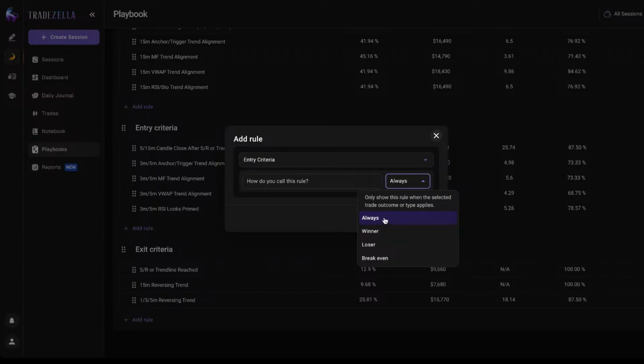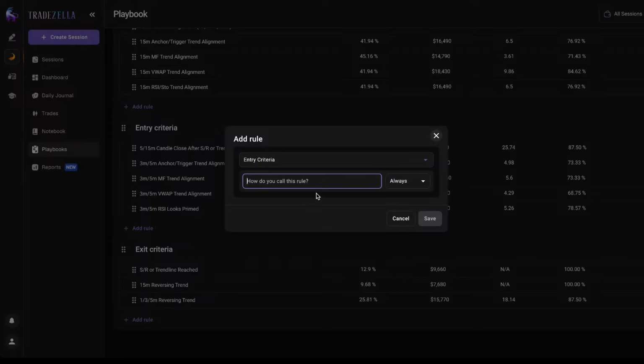Oh, that's cool. Okay, something to think about. Well, this is going to be always. Stop loss. We'll say stop loss defense, acceptable stop loss defense.